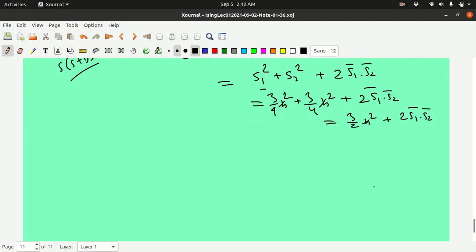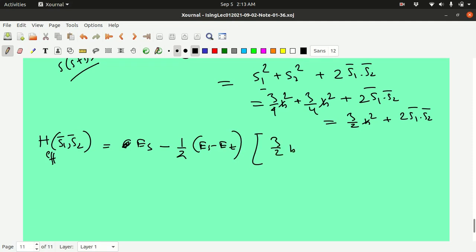Now if you substitute it in the formula, H will be a function of S1, S2, and H effective. So this will be equal to Es minus half of (Es minus Et), then S square will be like this, 3 by 2 h cut square plus 2 S1 dot S2.